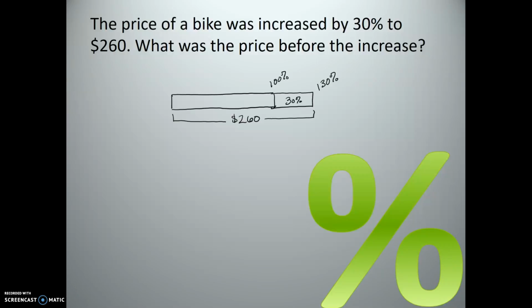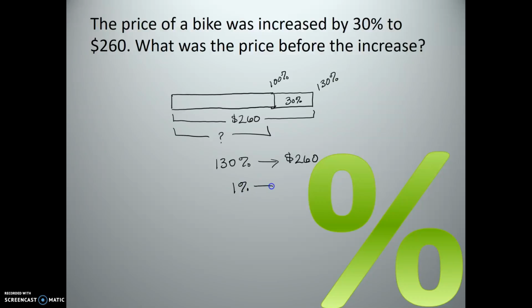All right, so the price of a bike was increased by 30% to $260. What was the price before the increase? So we want to know what the price was down here at 100%, right? Because it was increased by 30% to $260. So we have 130% that equals $260.